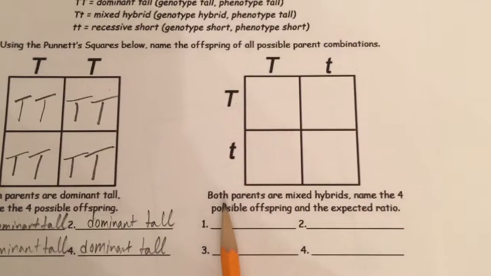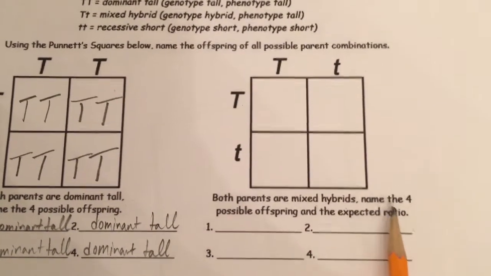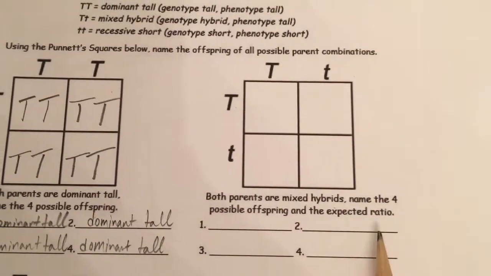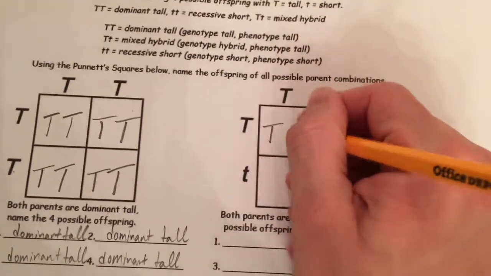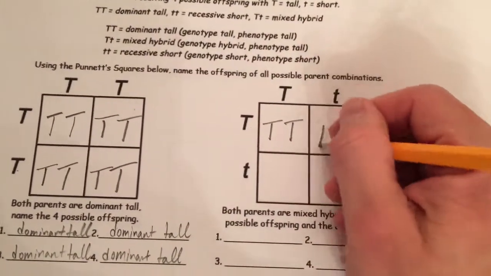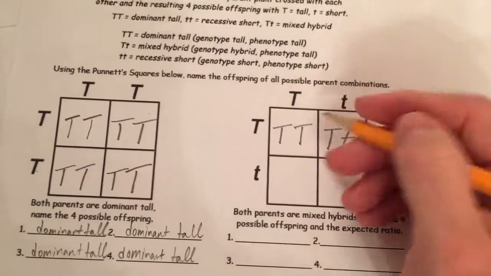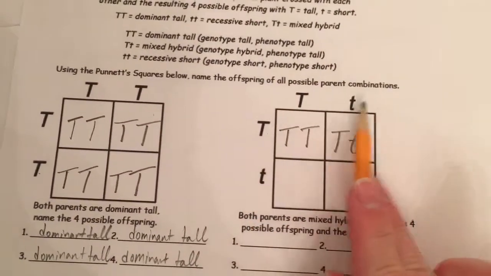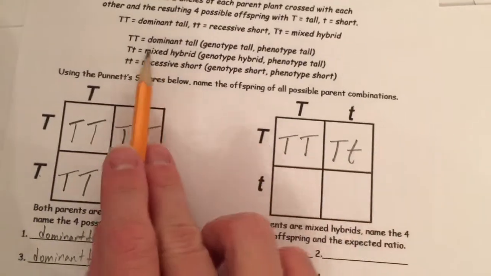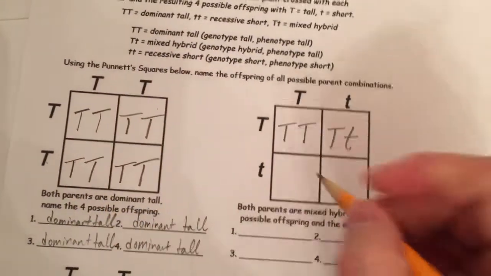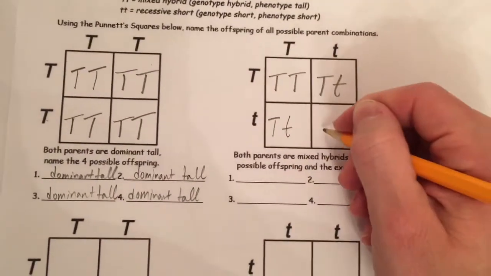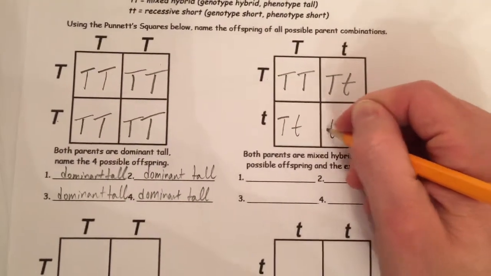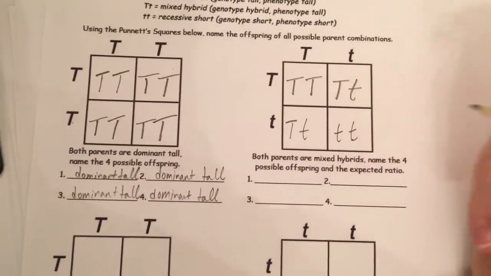This one, we have both parents are mixed hybrids. Name the 4 possible offspring and the expected ratio. So we've got the tall ones here. We have another tall one. This one we have the capital T with the lowercase t, making it another mixed hybrid. Here's a capital T with a lowercase, it's a hybrid. And then we have a double recessive.